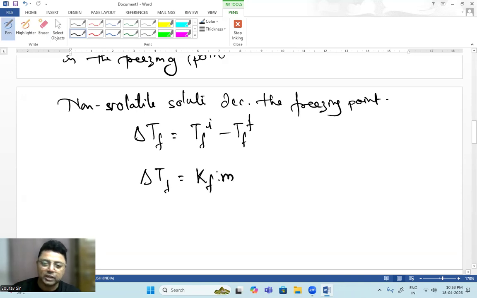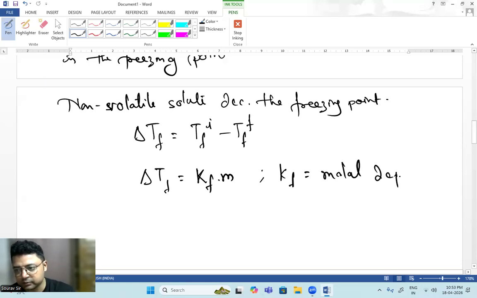In case of Kb, here it will be Kf, and Kf is the molal freezing point depression constant, molal depression constant, or it can also be called the cryoscopic constant.